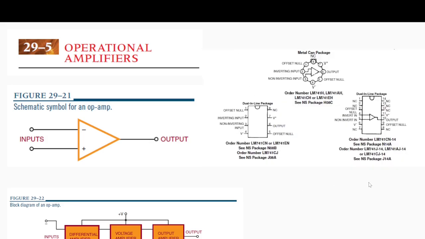So these are the basic IC packages you can find. The popular known ones like the LM series, LM741. This is a metal can package. This is a dual inline package for LM741, very popular, especially used for educational purposes.